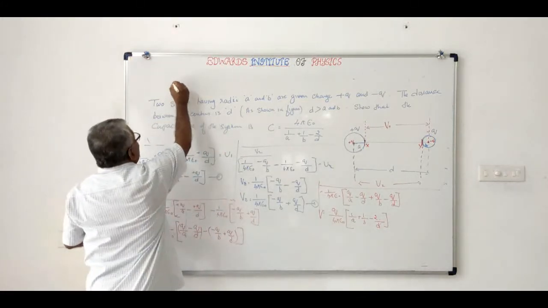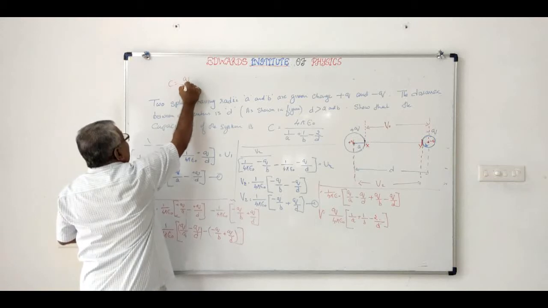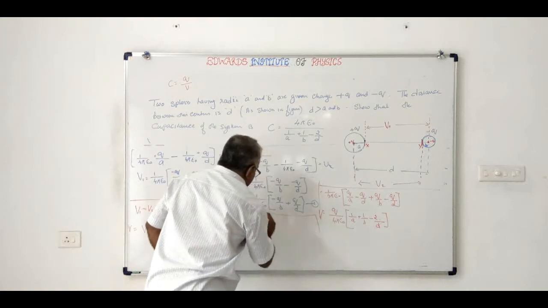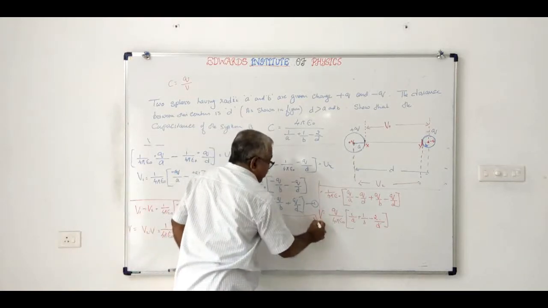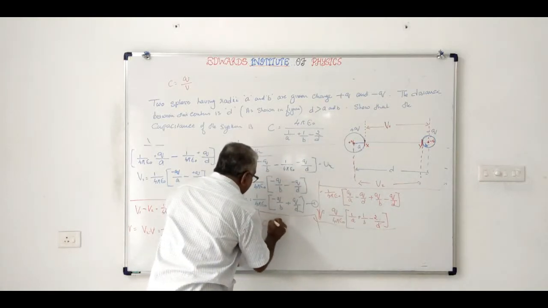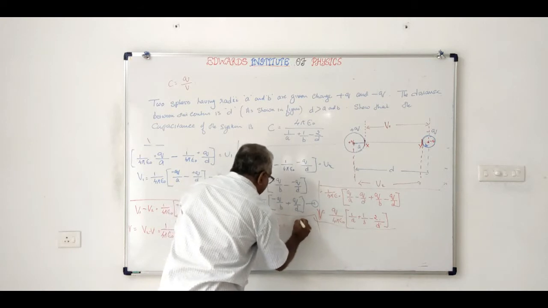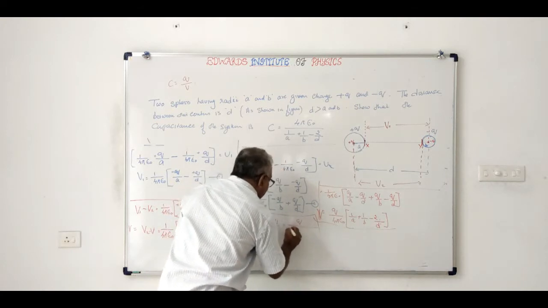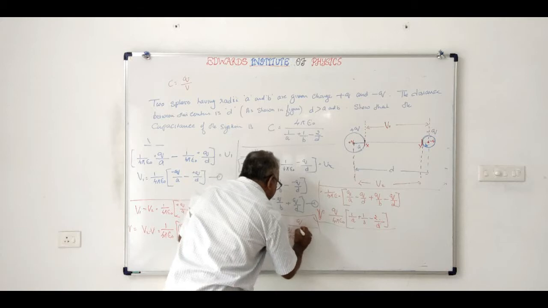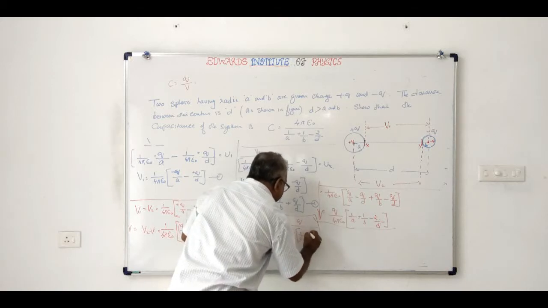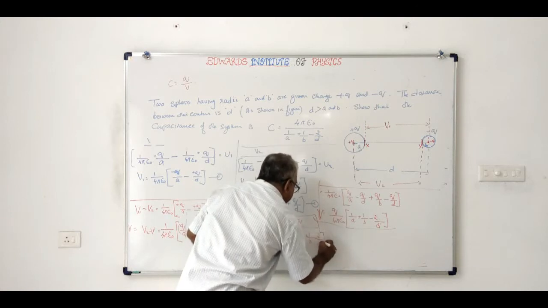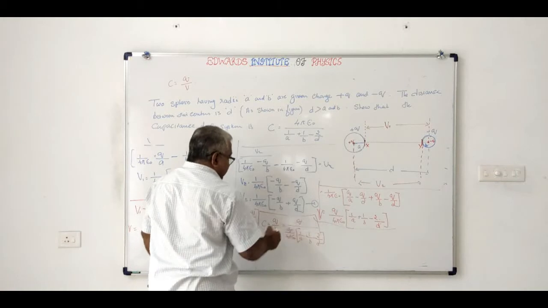And what is C? C is equal to q by V. So now what is the value of C? V we got, V is this much. So C is equal to q by V, and that is equal to q by, what is V? q by 4 pi epsilon 0 times 1 by a plus 1 by b minus 2 by d. q and q will get cancelled.